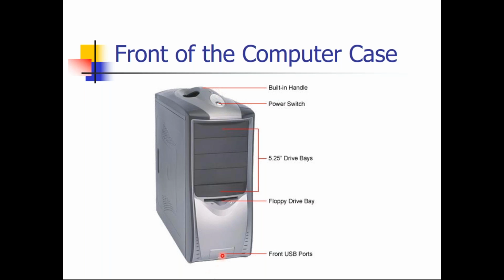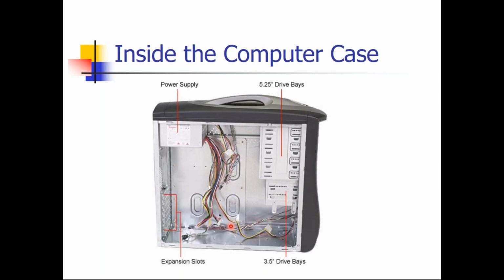And we are going to have some sort of USB ports here. If you want to use a pen drive, you can open this particular door and you can insert your pen drive here. Okay, the power button will be here. Okay, and the handle to carry this particular box like that.